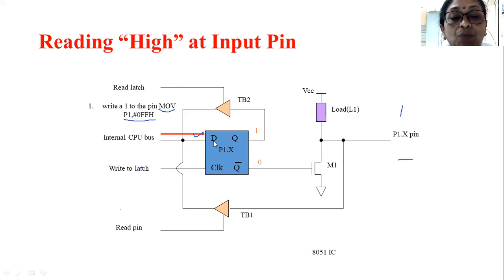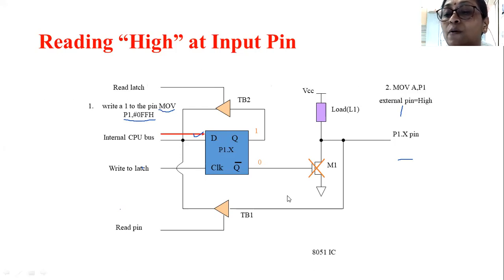Here you have written 1 to the D input of the flip-flop, and when the clock pulse is applied to this D flip-flop through the write to latch signal, at that time the Q output of the flip-flop will become 1 and the Q bar output will become 0. And as you know, when Q bar becomes 0, the MOSFET will be turned off because the gate terminal of the MOSFET is at ground potential. So it will be in the off condition.